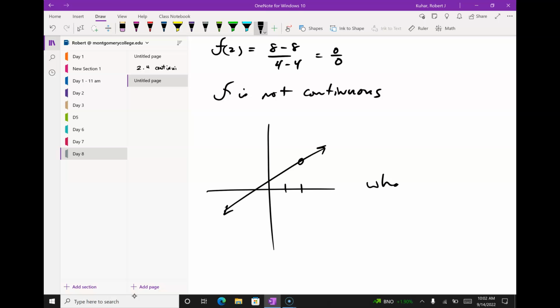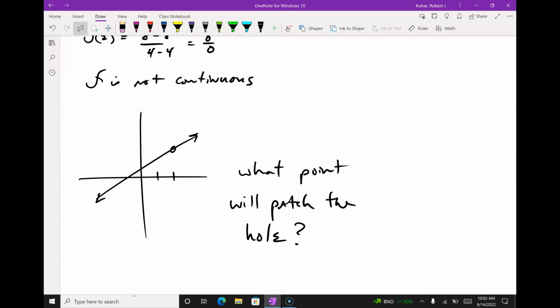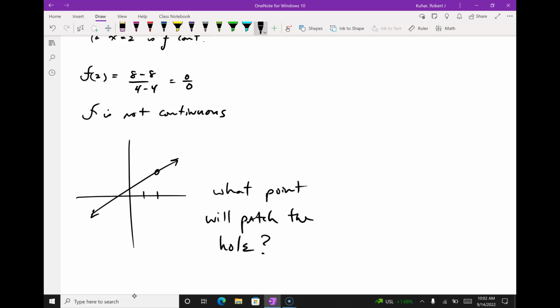So what point will patch the hole? You with me here? So what I have to do is figure out that limit and then patch the hole with it, right? So obviously we're going to work on star, which was what? X cubed minus 8 over x squared minus 4.